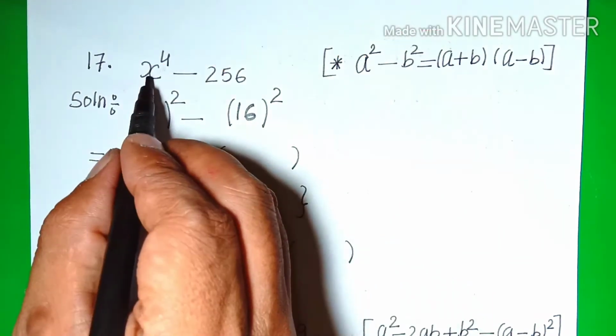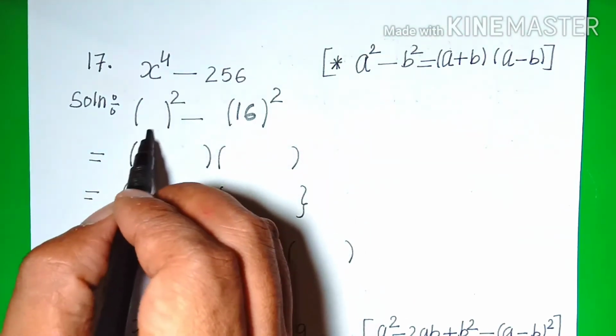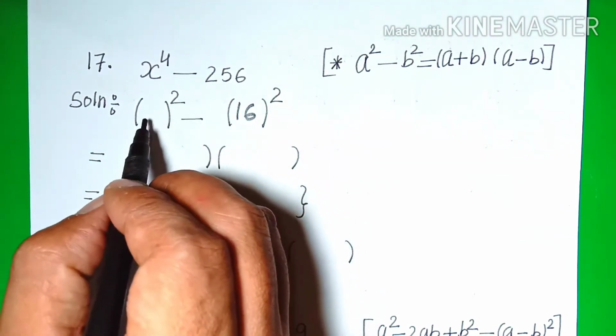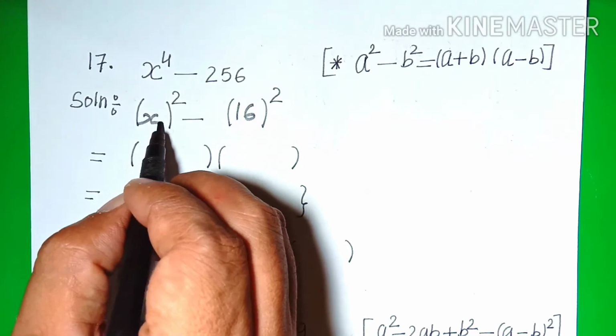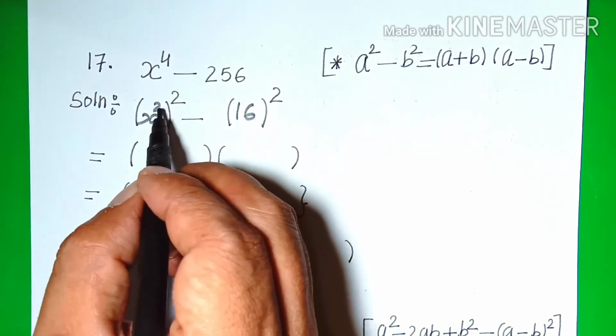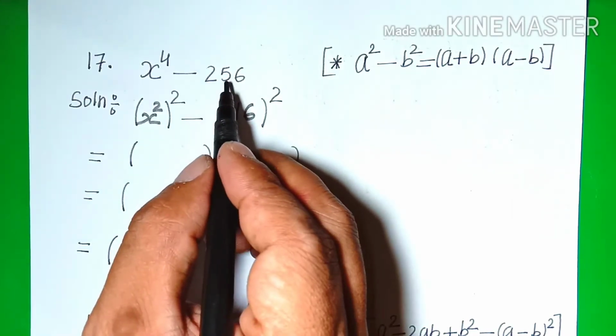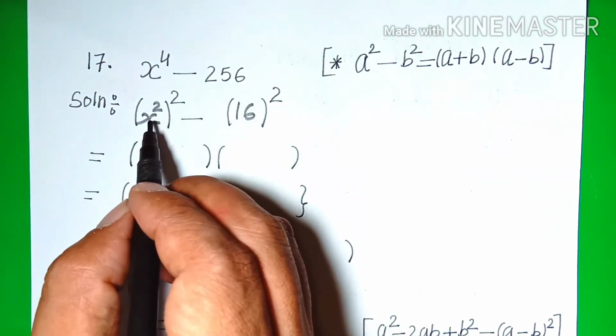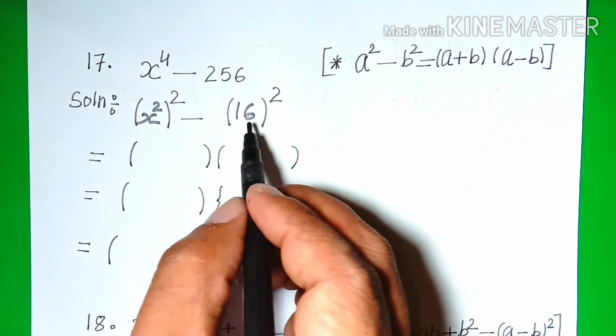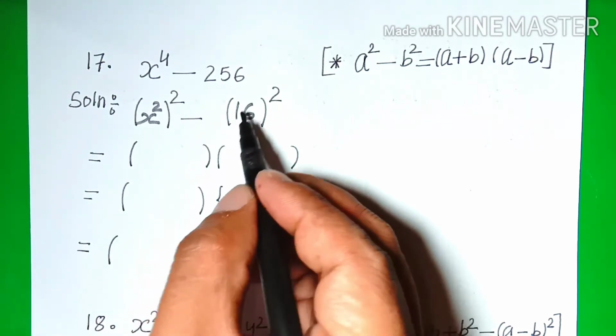Now here x raised to 4, but we need to form only a square, so this can be taken as x to the power 2, since 2 twos are 4. So I've converted the given polynomial into the form of a square minus b square.